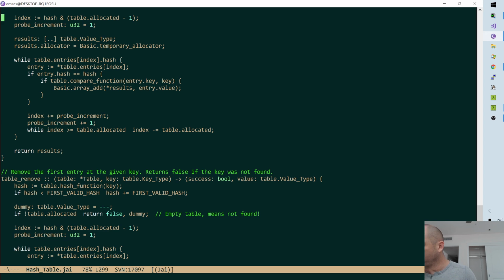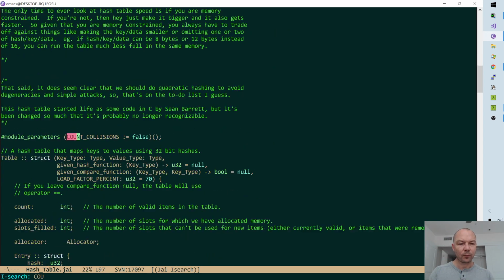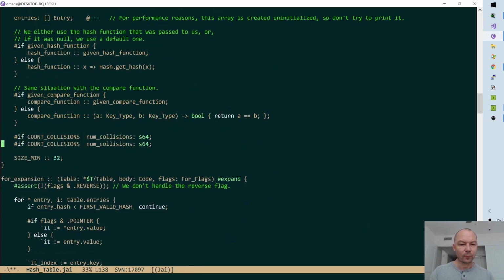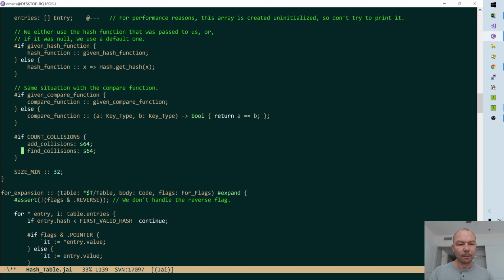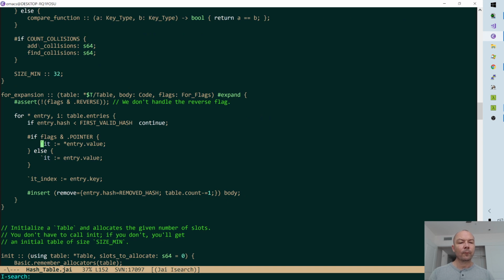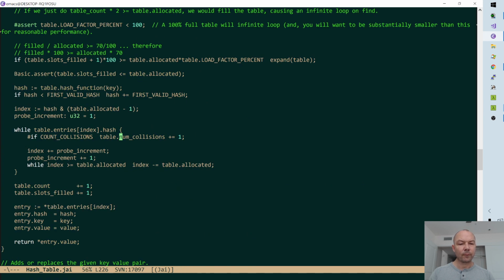Let's do this. Okay. So those are add collisions.